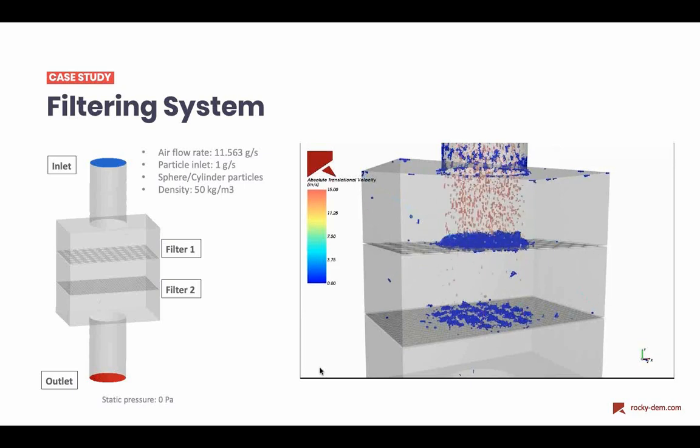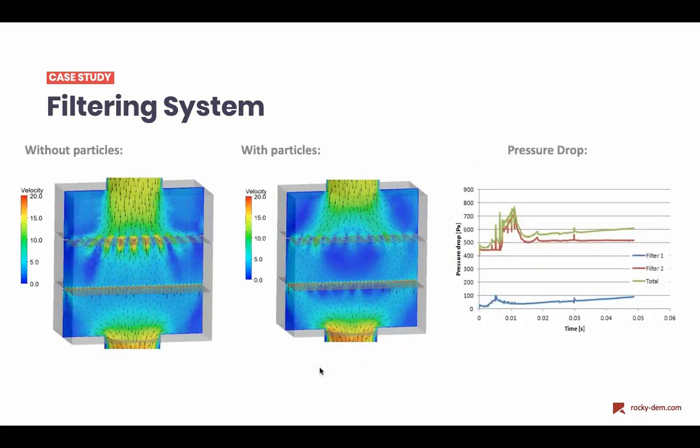And this is a two-way coupling, so on this next slide here, I can show you on the left the simulation without the particles, and where the particles are starting to settle down, you can see that the gas flow, the airflow, for example, in this case, changes the pattern.